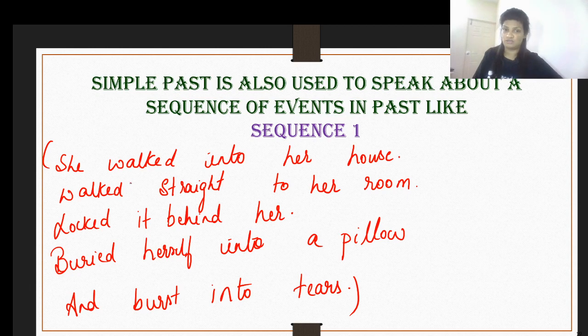burst into tears. Now this is a sequence. This is a narration of an incident. And here the person who is doing is she. This is the only person, the subject, and she is the subject of all the statements. We don't necessarily have to say she walked into her house, she walked straight to her room, she locked it behind her, she buried herself into a pillow, and she burst into tears.